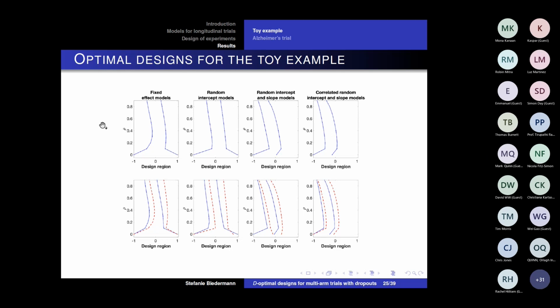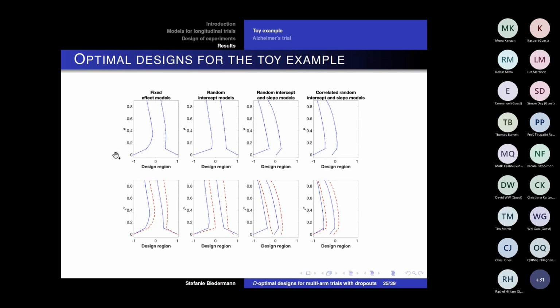Now, what are these strange lines? Essentially, these are the 2 time points we are looking for. So, for example, when, say, rho is 0.4, and we just move horizontally, we've got a time point here and a time point there. These are our 2 optimal time points for the fixed effects model. Okay, so that's what it means.